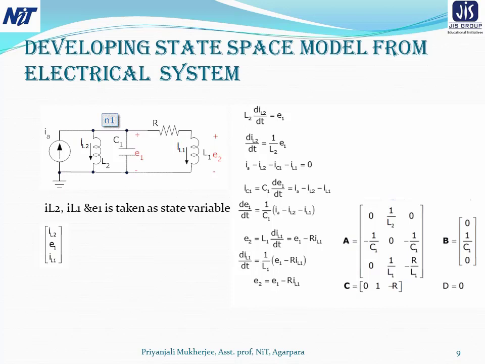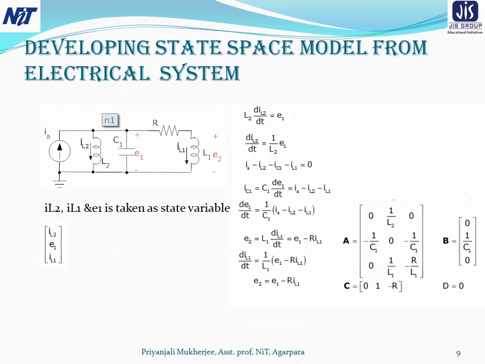Here we will choose the inductor currents, that is IL1 and IL2, and the voltage across the capacitor as the state variables. The voltage across the capacitor is given as small e1 and the voltage across the inductor as small e2. So IL1, IL2 and E1 can be taken as the state variables of the given system.